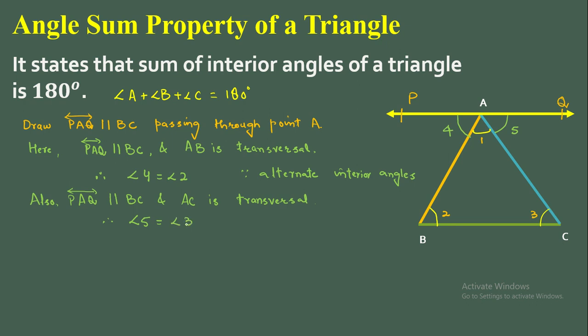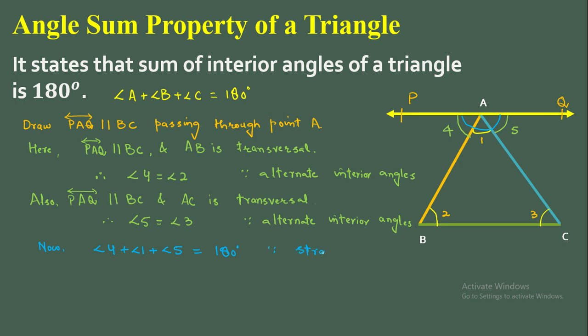So we can say angle 5 is equal to angle 3, again alternate interior angles. Now we can see here that angle 4 plus angle 1 plus angle 5, if we combine all these three angles together, they are forming a straight angle, and the measure of a straight angle is 180 degrees.